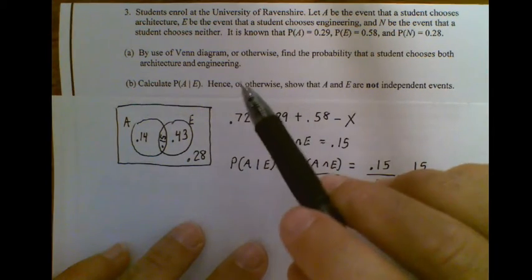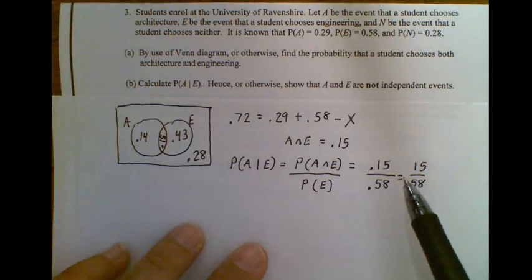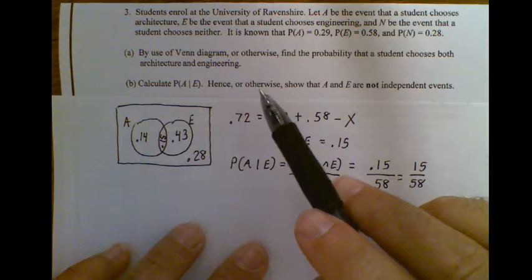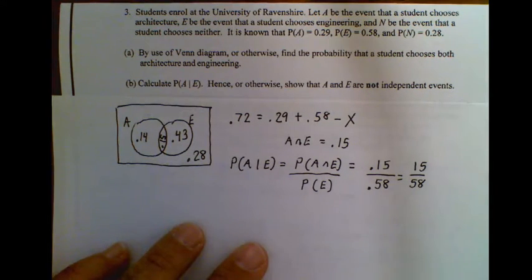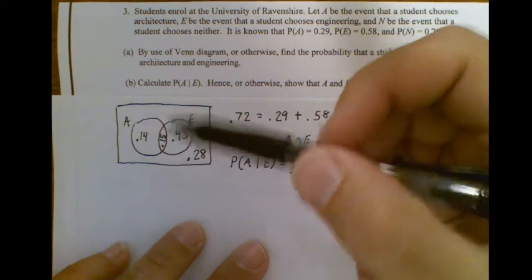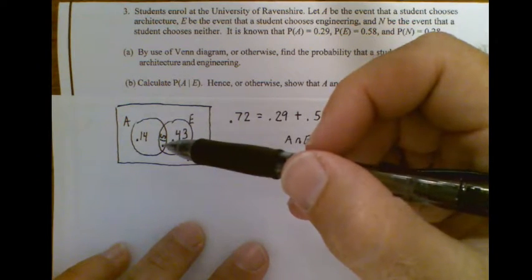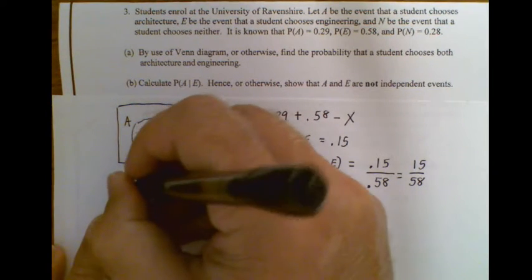So hence or otherwise, now moving on from there. Hence meaning use that information, or use some other method, to show that A and E are not independent events. Remember what it would take for events to be independent. If A and E are independent, that means A and E is equal to, let me just write it out, one of our formulas that's in our formula packet.